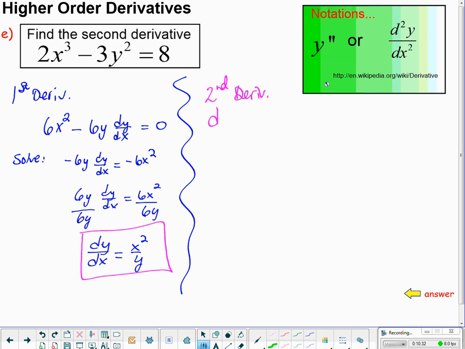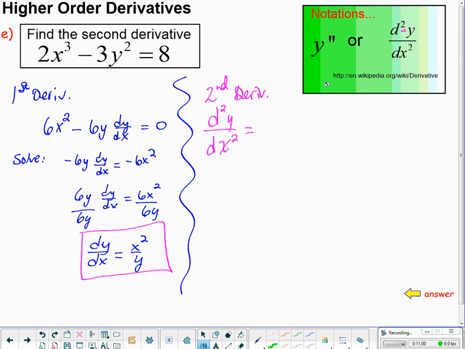Because I'm using the Leibniz notation, dy/dx, the notation looks a little different. It's a d squared y over dx squared. If you want to check out why that is, you could go to Wikipedia, which had a pretty decent explanation of it. I'll explain it in class otherwise.